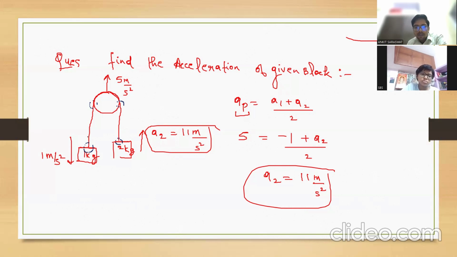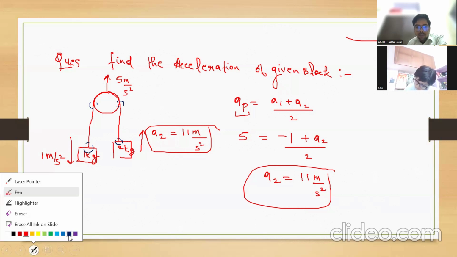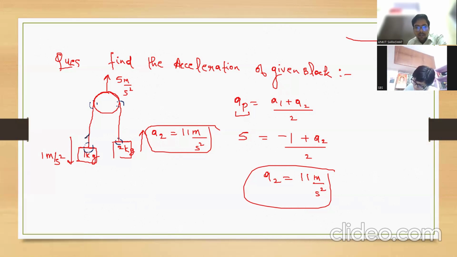Apply the concept. Net work done by the string, okay, is 0. Then here on this 1 kg block, the direction of tension will be like this. Okay, this 2 kg block, the direction of tension will be like this. If you take the pulley as a system, then tension will be like this.